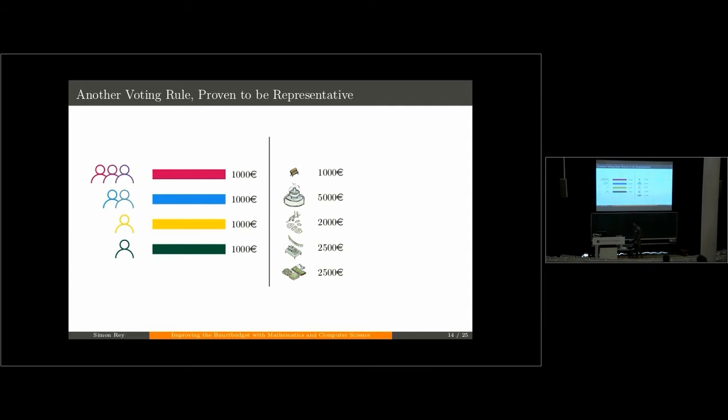So we split the budget as I was telling you, and then we run a race. How does it work? We say, if every voter were to give 50 euros, can they buy something? And the answer is no, for now.